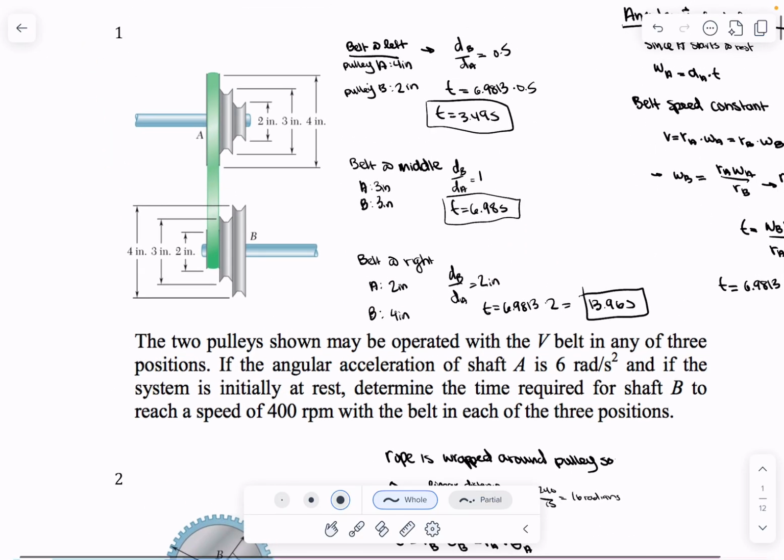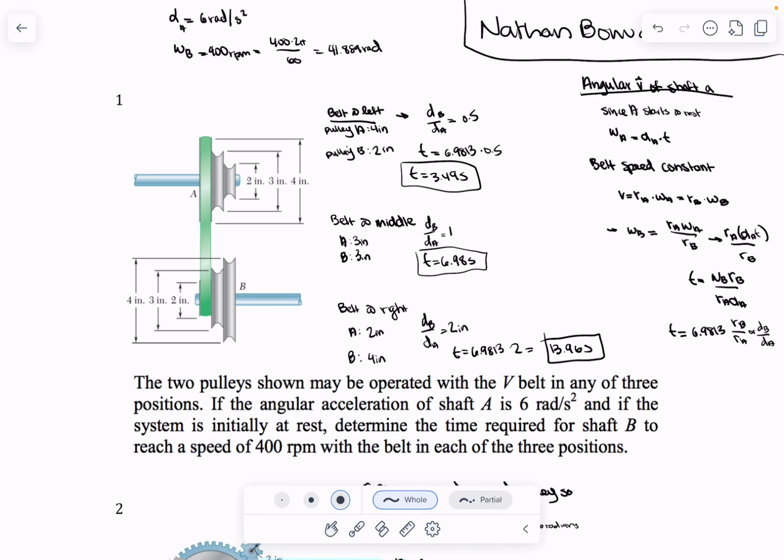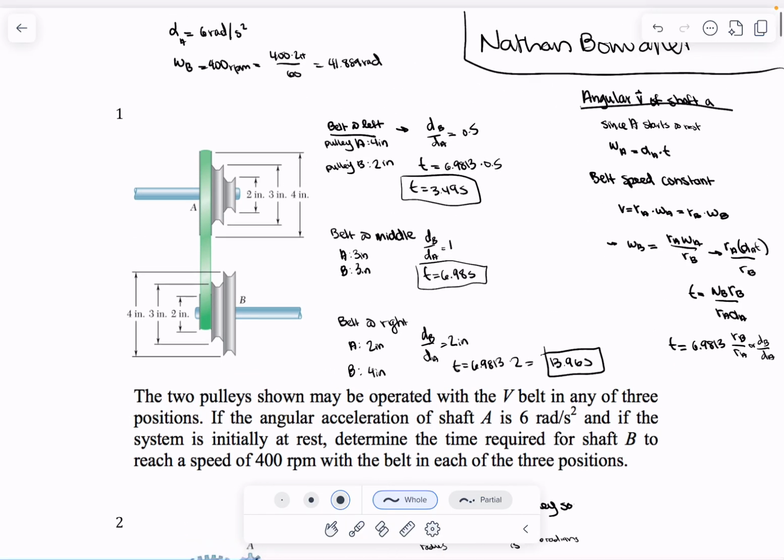And then question 1, 2 pulleys shown may be operated with the V belt in any of the 3 positions. If the angular acceleration of shaft A is 6 radians per second squared and the system is initially at rest, determine the time required for shaft B to reach a speed of 400 RPMs with the belt in each of the 3 positions.